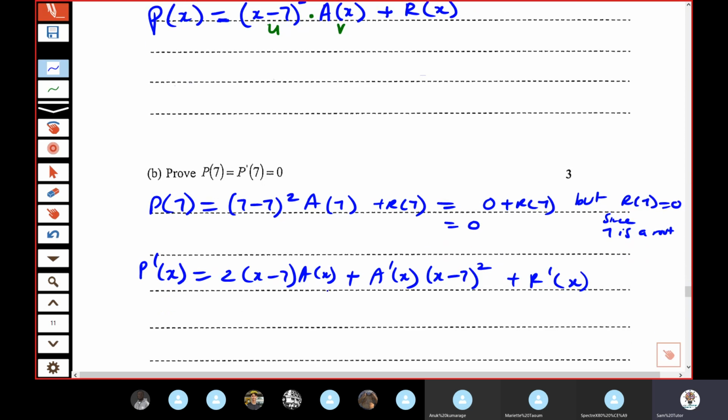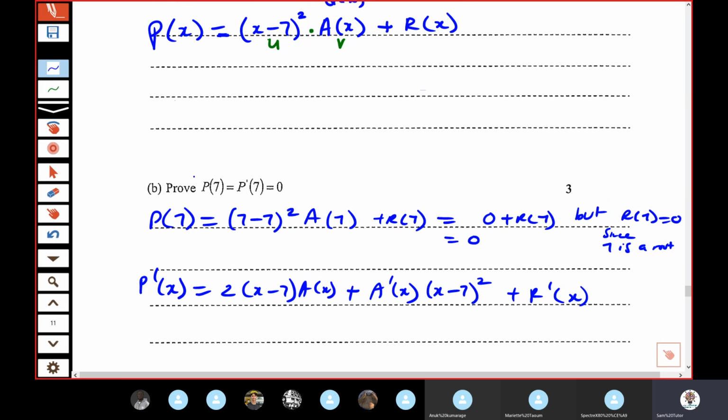At this stage, firstly, any questions? Everyone have a look at them. u dash v plus v dash u, plus, and then obviously, r dash of x. Any questions? No? We're happy? We can execute that.